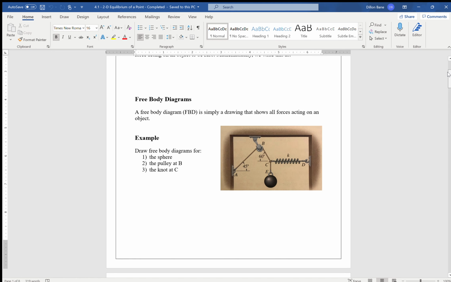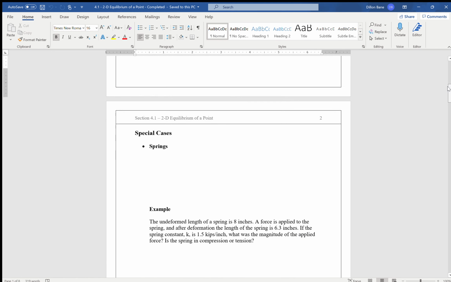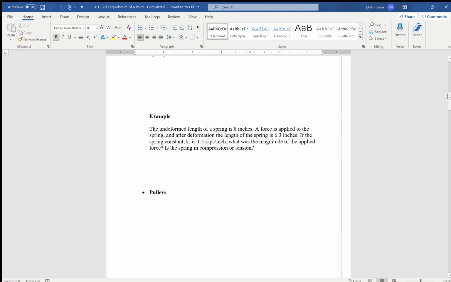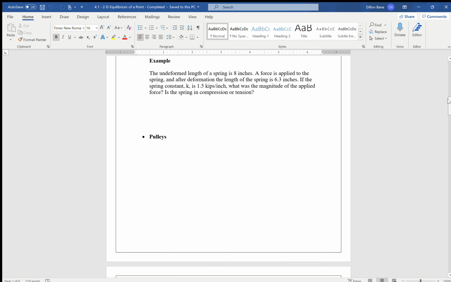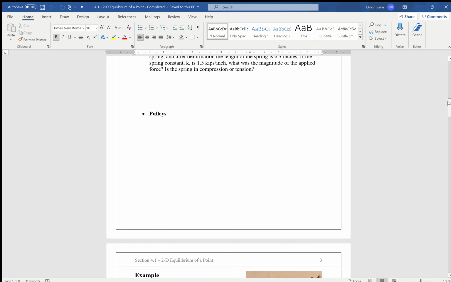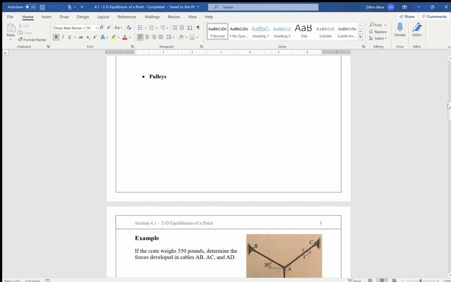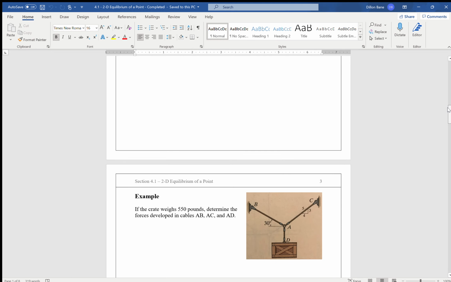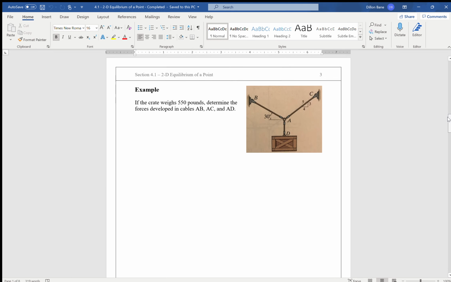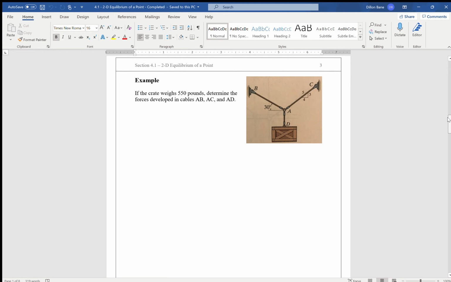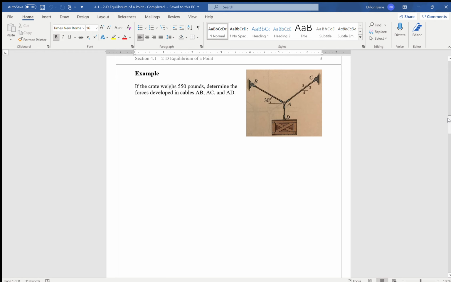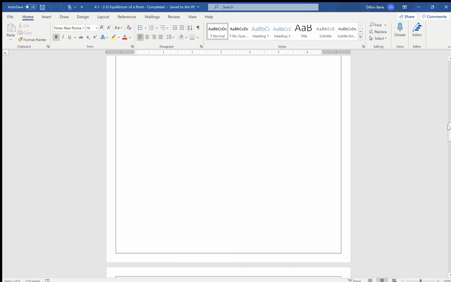We practiced making a couple of free body diagrams. We went through some springs and some pulleys. Those are the special cases that we need to know about when we're doing 2D equilibrium of a point. And then we went through a couple of examples. So the purpose of this video is to finish up the last couple of examples for this section.